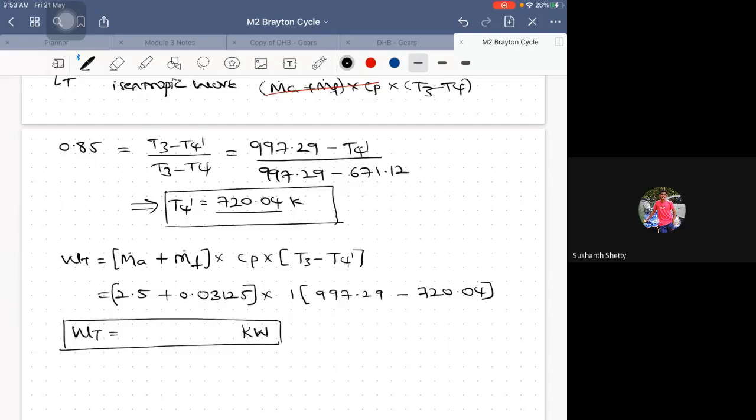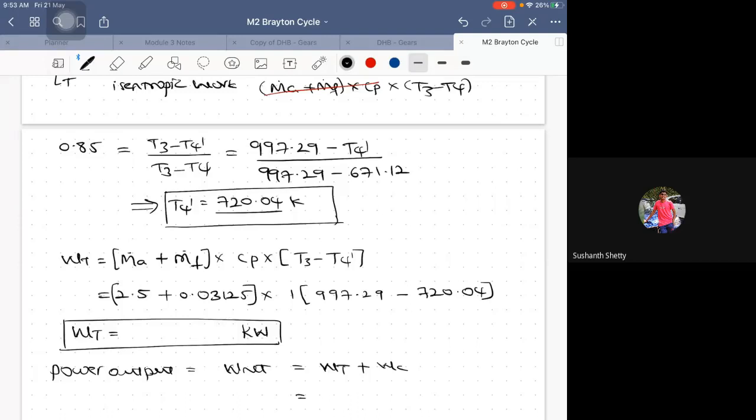What is the value? Lastly, you calculate your power output. That is W net, that is WT plus WC.